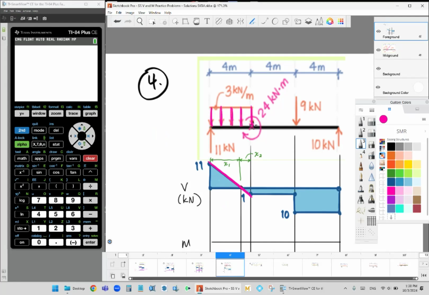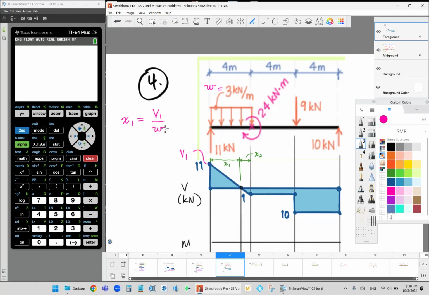If we were to generically call this W, and call this plot here generically V sub 1, the shear coordinate at some point in my plot, then X sub 1 is equal to V sub 1 divided by W.